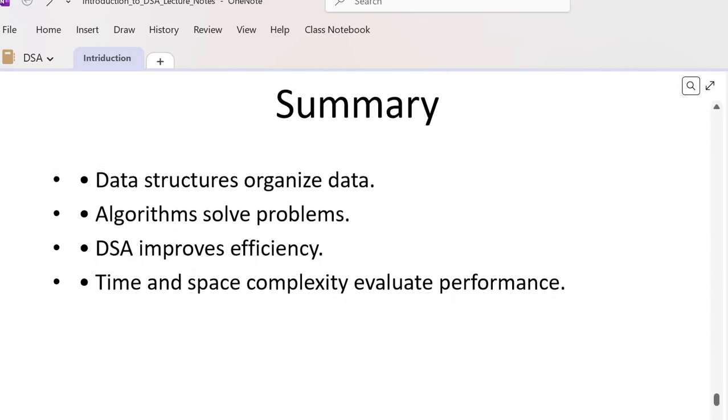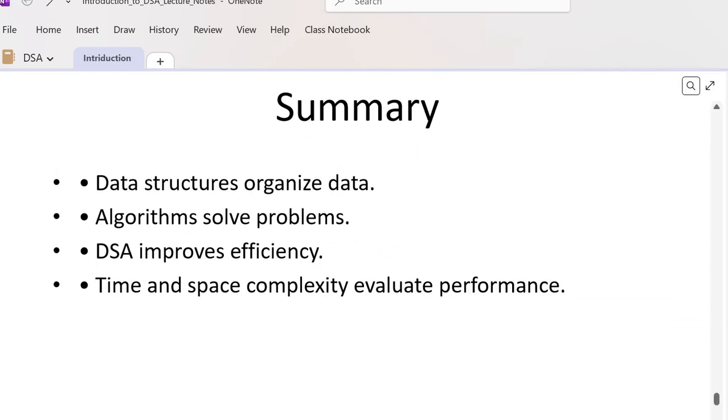This is a summary of this lecture. Data structures organize data efficiently. Algorithms provide step-by-step solutions for problems, and DSA improves program performance and scalability.